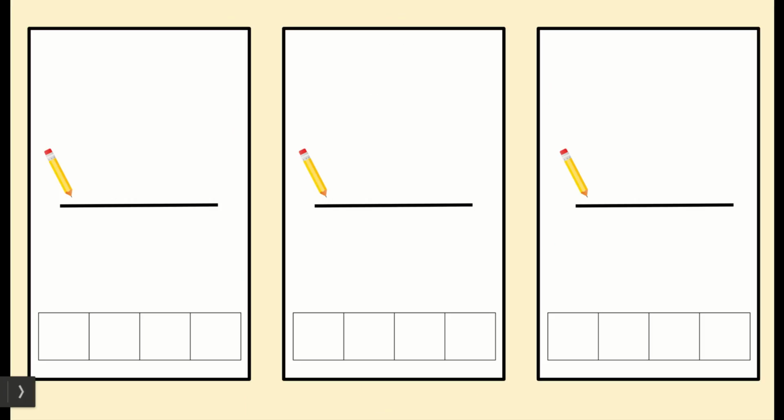Now let's practice spelling these words. The first word we're going to spell is the word skid. Let's stretch it out and listen for the sounds. Sk-id, skid. Now write the letters that represent the sounds you hear in the word skid.